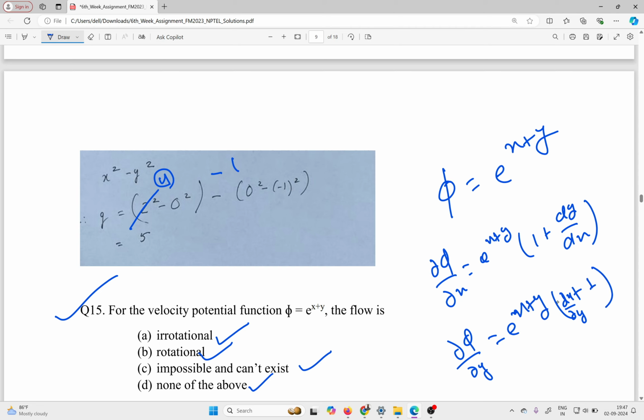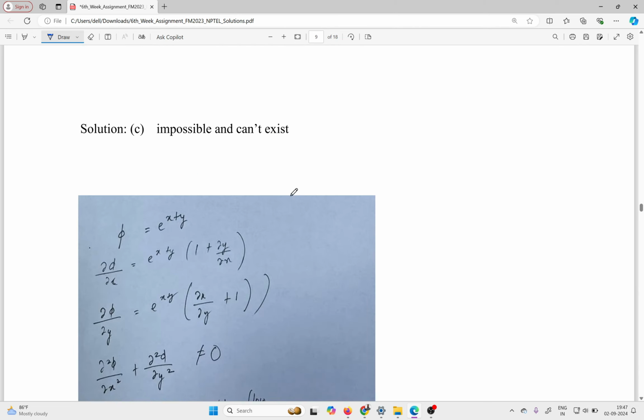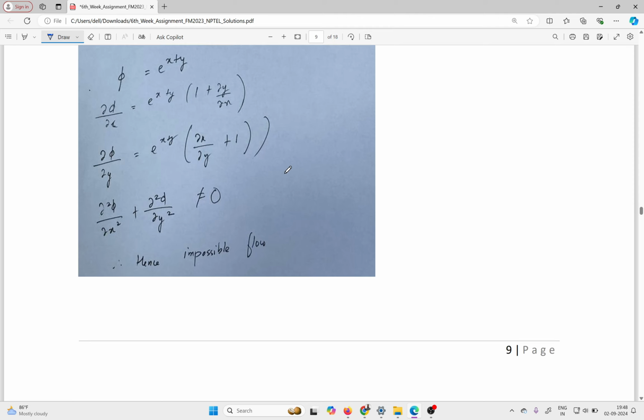When we go for the square and add, this is never going to be 0, so impossible. So it cannot exist. Okay, so this is the whole thing.